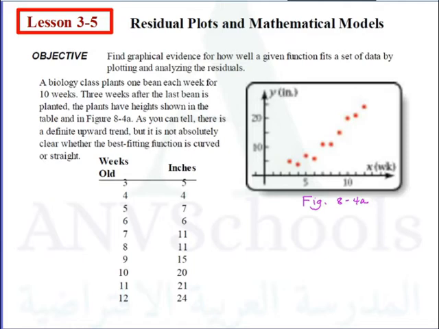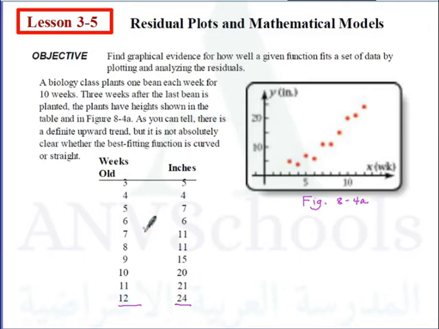So the oldest is 12 weeks old, right? That means you could see a significant growth on that bean, and that 12-week-old bean has a height of 24 inches. The 11-week-old bean is 21 inches high, and so on and so forth.